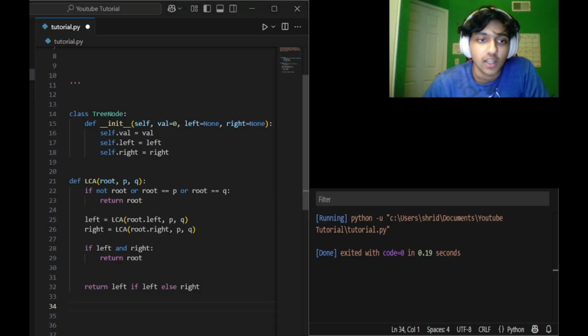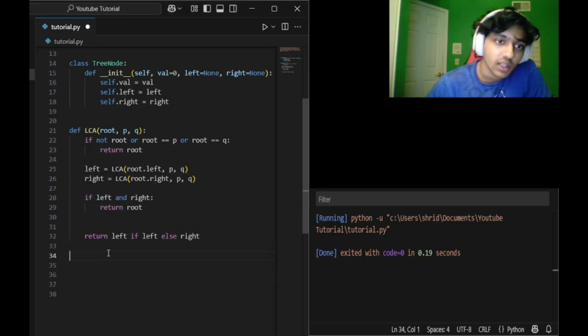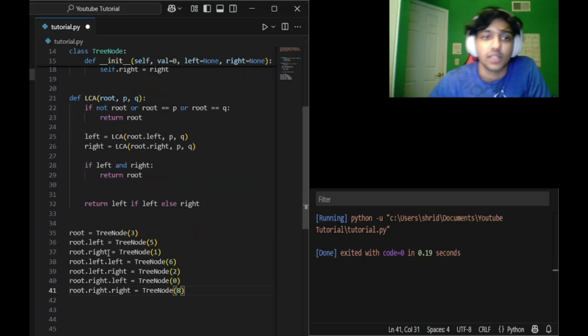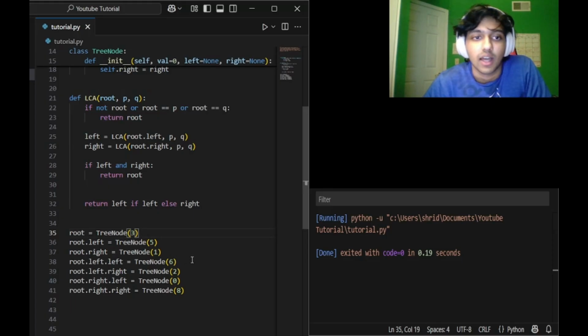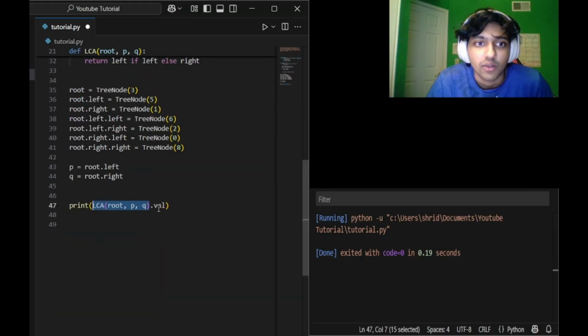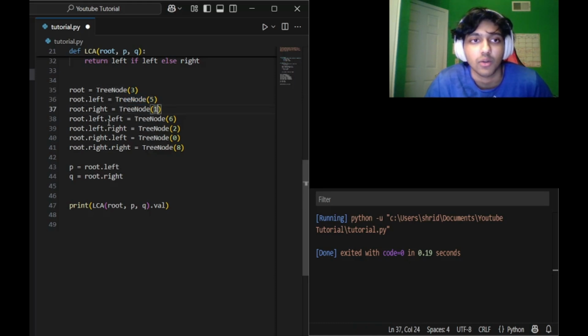So if you see over here, this is the visual representation of the thing that I just drew, which is going to be the value of whatever ancestor node we're seeing. So in this case, P is root.left. We defined it as the value of 5, and root.right is going to be the value of 1.